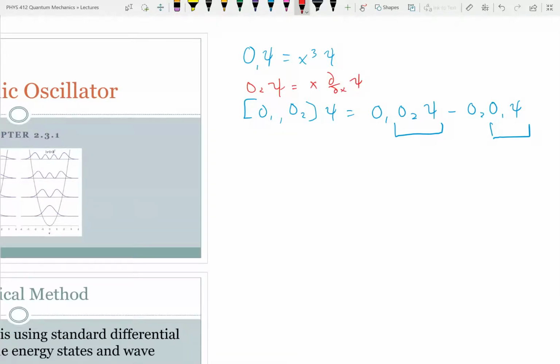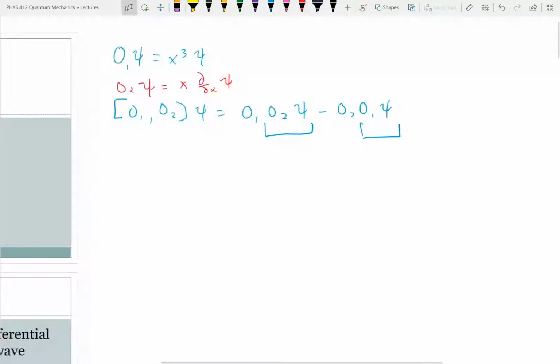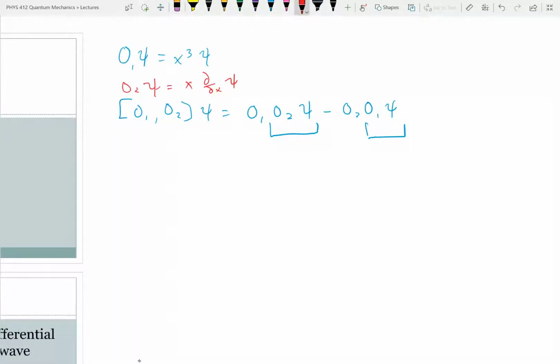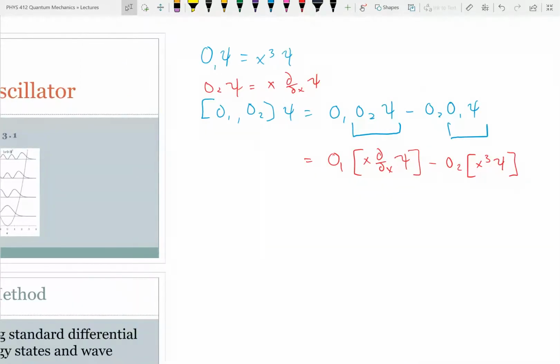You notice that these were only the ones that we found to be, all right, actually I said. And so if I put this in, it's going to be equal to, and then I go on.